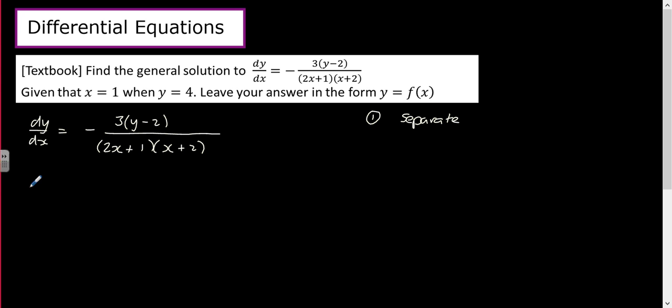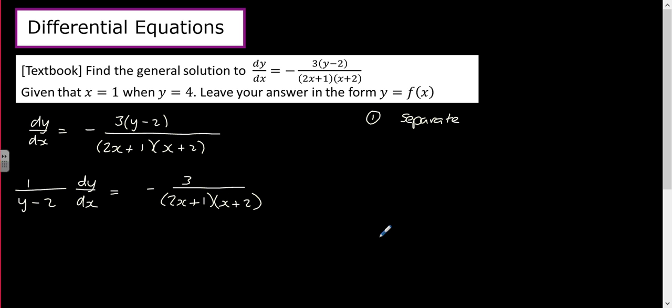So we're going to have 1 over y minus 2 dy by dx equals minus 3 over 2x plus 1, x plus 2. So we've got all of our y's on the left, we've got all of our x's on the right. Job done.